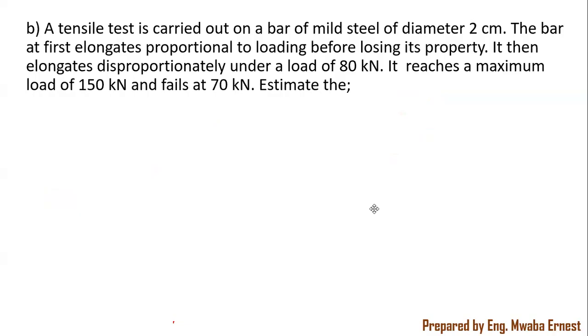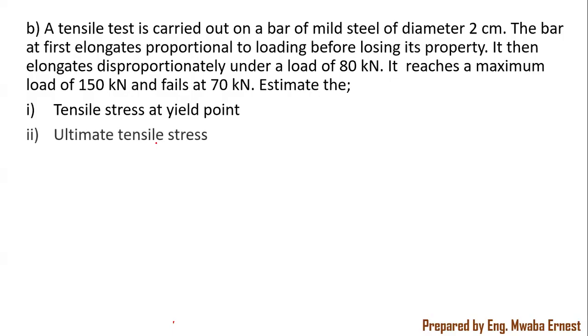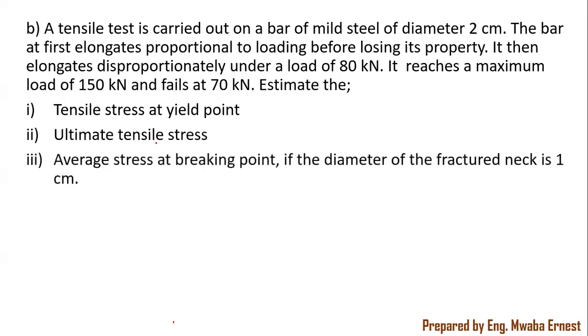It reaches a maximum load of 150 kilonewtons and fails at 70 kilonewtons. Estimate, number one, tensile stress at yield point, the yield tensile stress. Then the UTS, the ultimate tensile stress. Then also the average stress at breaking point.